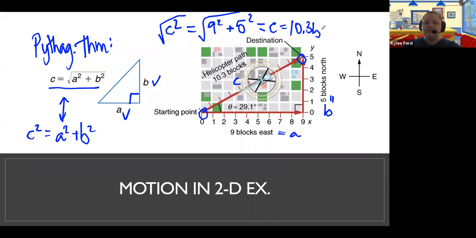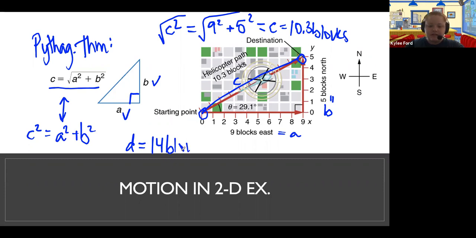Sorry about that, it's getting real messy there. Okay, so now I know my distance here. Now, this is going to be my displacement for when I'm walking on the outer edges. So when I'm walking my 9 blocks east and then my 5 blocks north, my distance again was 14 blocks.